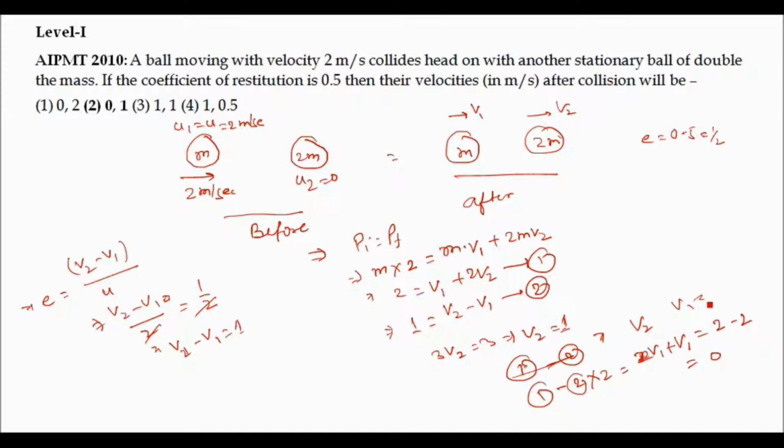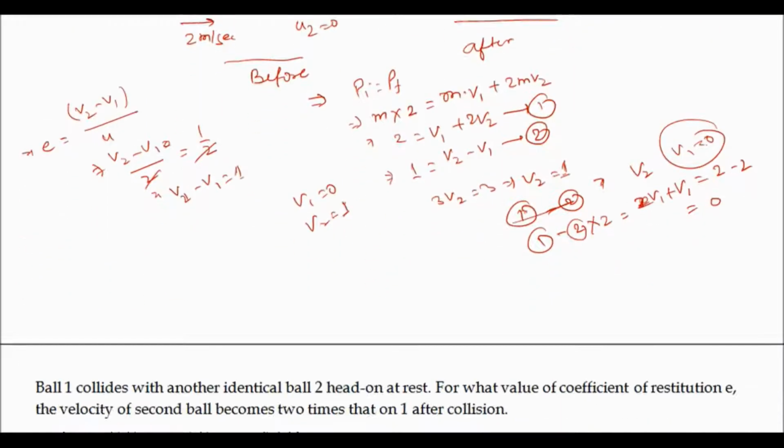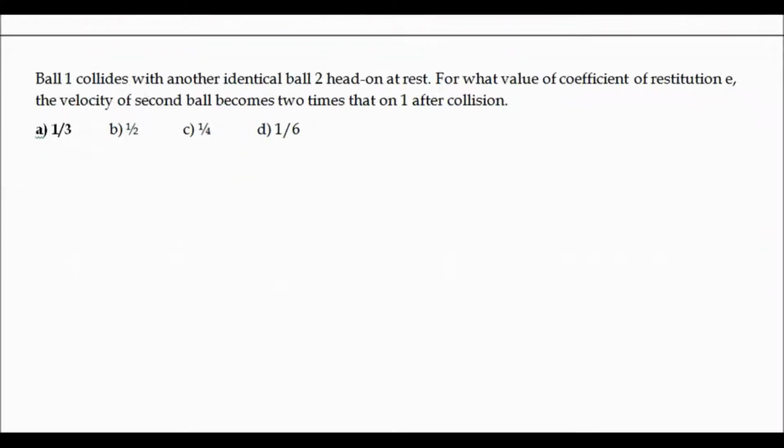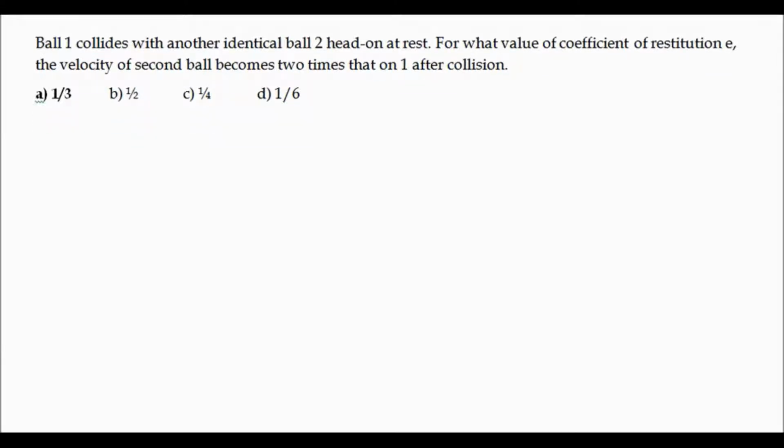So v1 comes equal to 0. So basically we get v1 is equal to 0 and v2 is equal to 1 meter per second. So the velocity of these two bodies after collision is 0 and 1 meter per second, and the answer will be 2.